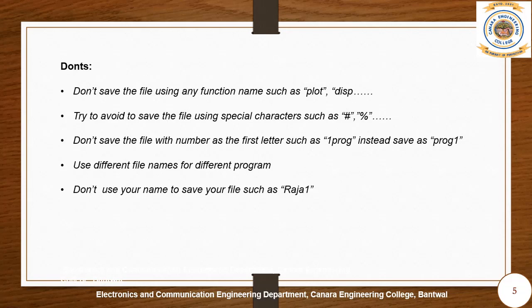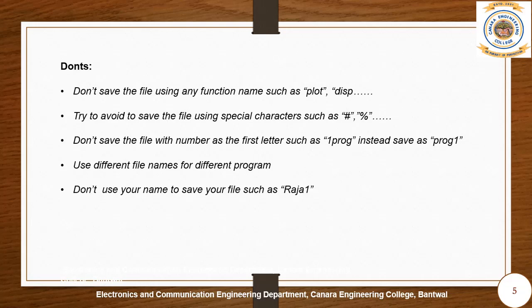Second, don't make use of special characters such as hash, percentage or dollar sign to name your programs. And don't ever save the programs with a numerical value in the beginning. Don't save it as 1 program. Instead, you can save it as program 1, program 2, program 3, and so on.